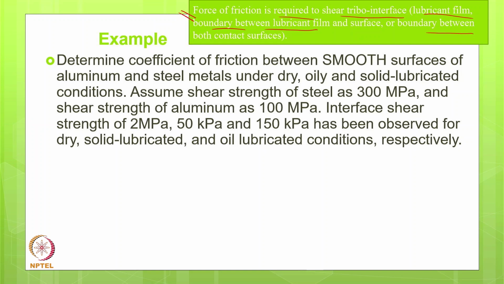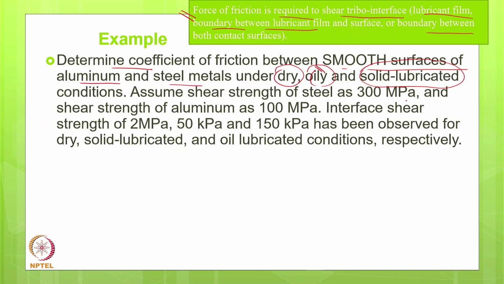To exemplify this, determine the coefficient of friction between smooth surfaces made of aluminum and steel under a dry case, an oily case, and a solid lubricated case. So out of the three, only the dry case is kept dry. The oily case can have additives, or there can be solid lubricated cases. We have other things; solid lubricant can be utilized.